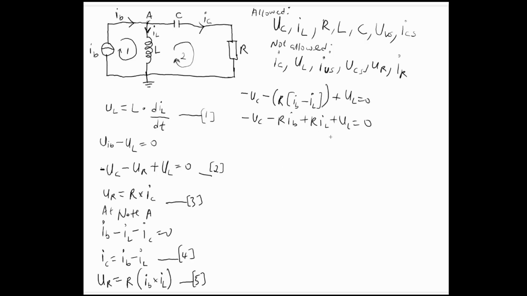So now we can make the voltage across the inductor the subject of formula. So UL is equal to U subscript C minus, plus, minus. Yeah, so when we look at this, we can see that everything inside here is allowed.